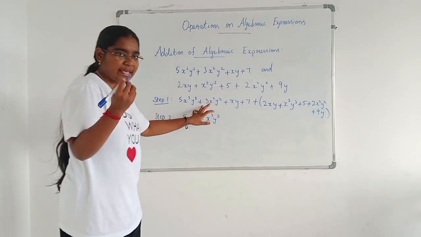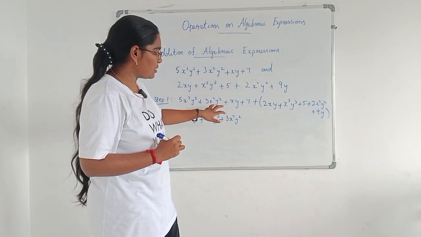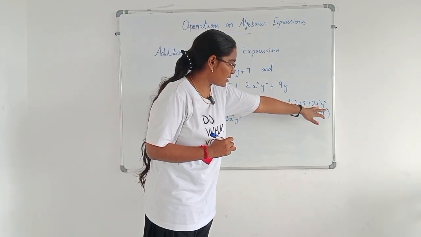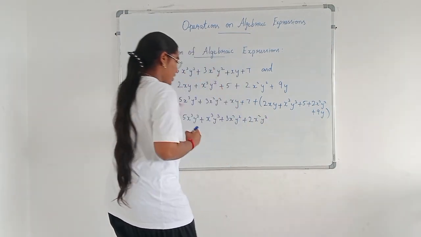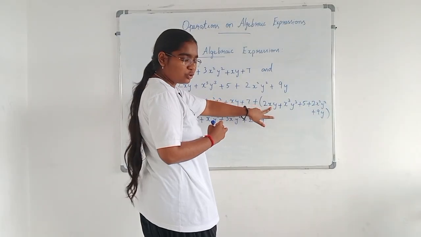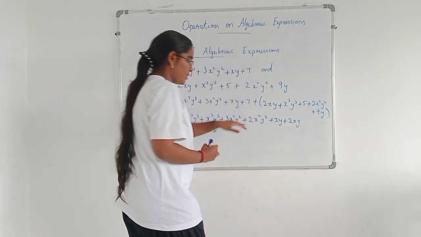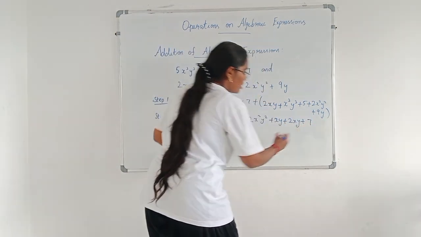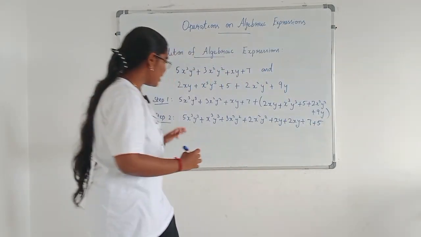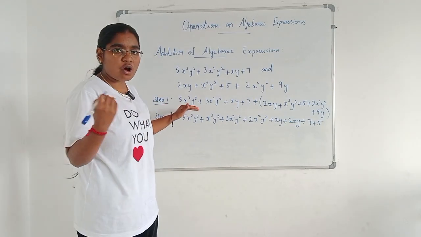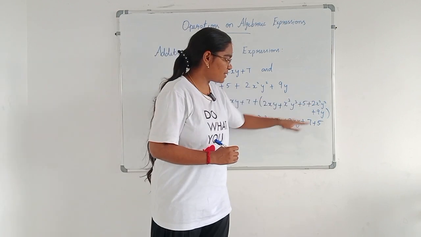Next, plus 3x square y square, and another like term is 2x square y square, so plus 2x square y square. Next one is xy, and here 2xy, so plus xy plus 2xy. Next one is plus 7, and another constant is 5, so plus 5. Now we have to check whether we have written all the terms. Yes, all the terms are here.